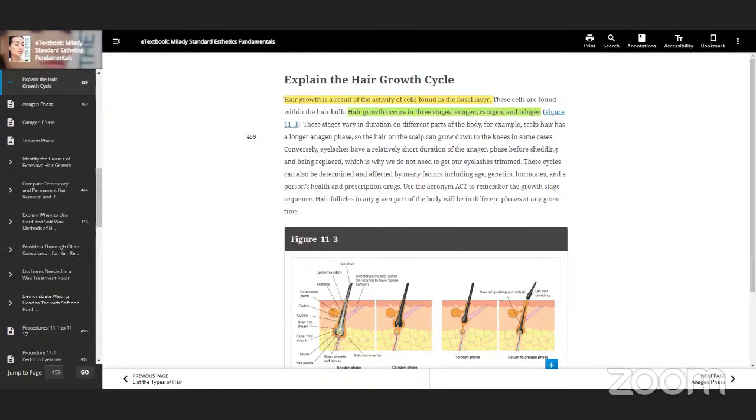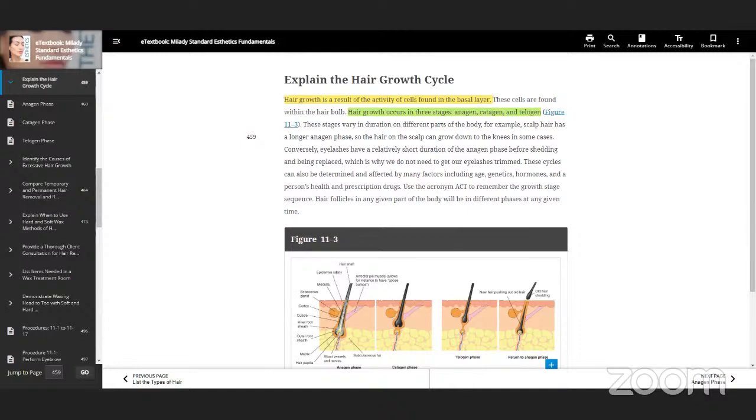I learned about the hair growth stages. Hair growth stages, mm-hmm. And I learned about the cilia, the eyelashes, and the supercilia, the eyebrow. Yes. Cilia is the eyelashes.